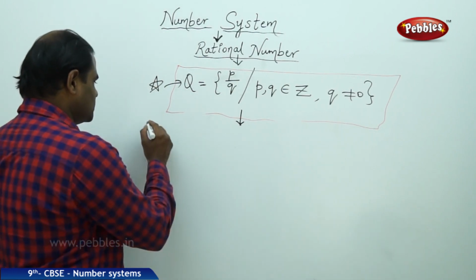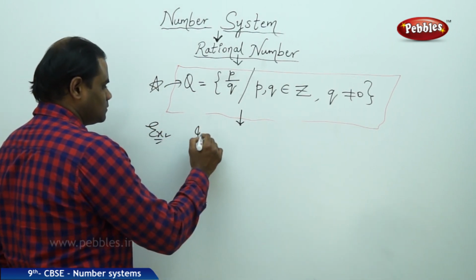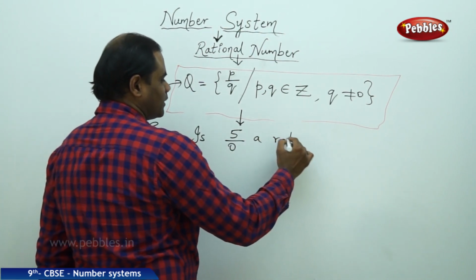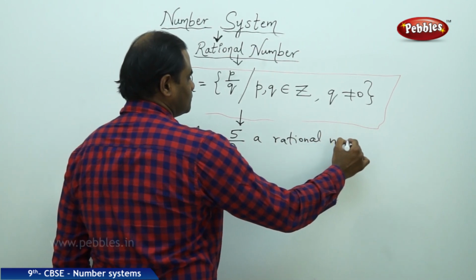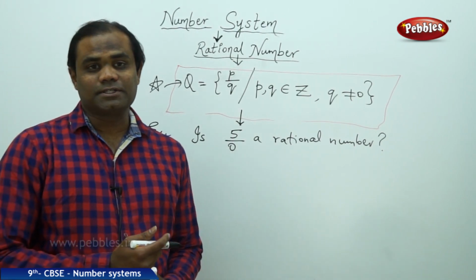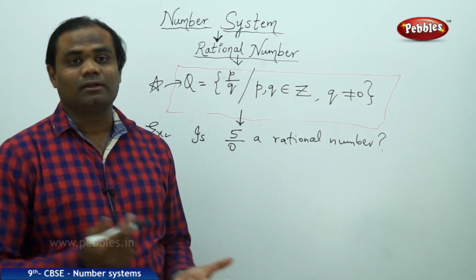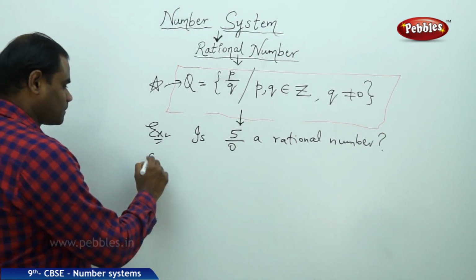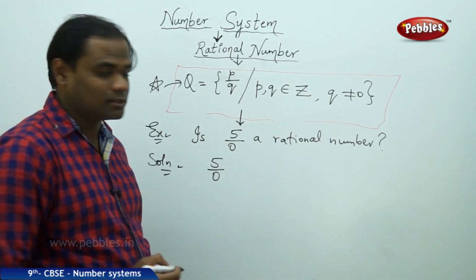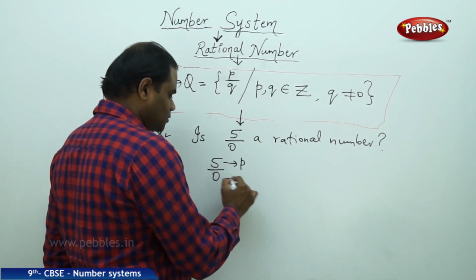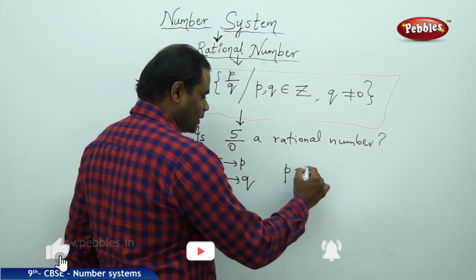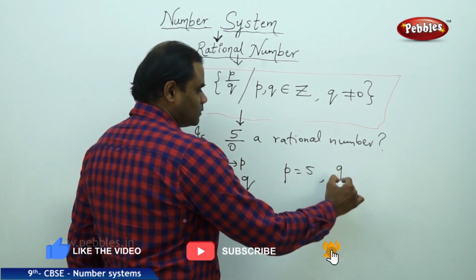Now my question here is: is 5 by 0 a rational number? Let's see how we can justify this through test number 1 and test number 2. Clearly the number 5 over 0 should be classified into P and Q, where P, the numerator, is 5, and Q, the denominator, is 0.